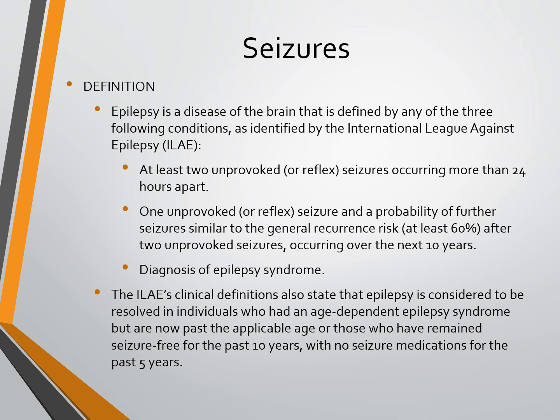The second is if a patient has 1 unprovoked seizure and they have a probability of further seizures similar to the general recurrence risk after they had 2 unprovoked seizures, and this occurs over the next 10 years. And the last is a diagnosis of epilepsy syndrome.